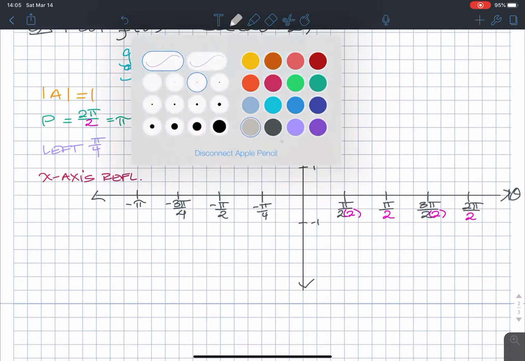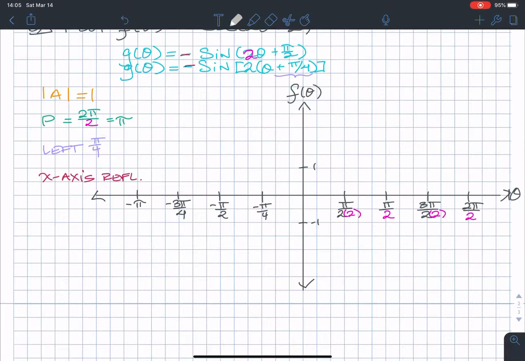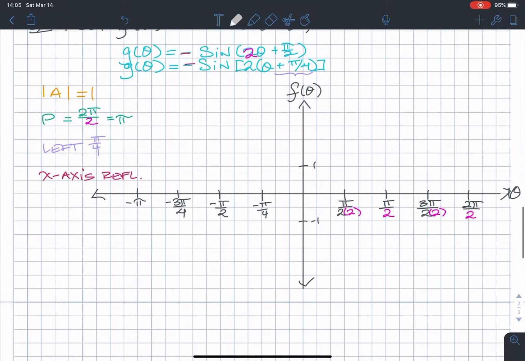So now sine is used to plot cosecant, right? So normally sine would start at 0 and go upwards, but because it's negative, I'm going to right away just go downwards in one fell swoop. So I'm already enacting the reflection. So this is negative sine of 2 theta.